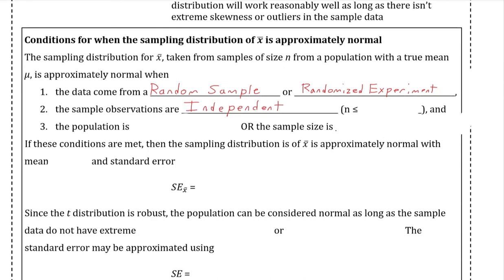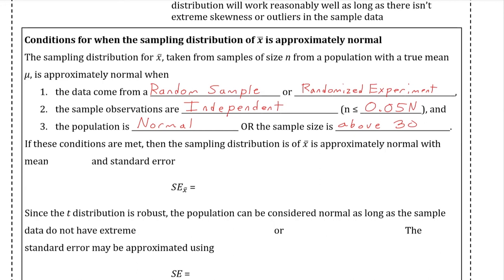We can check this by ensuring that little n, the sample size, is less than or equal to 0.05 times capital N, or 5% of the population size. Lastly, our third condition is that the population is normal, or the sample size is above 30. This will be a very important condition in a moment.